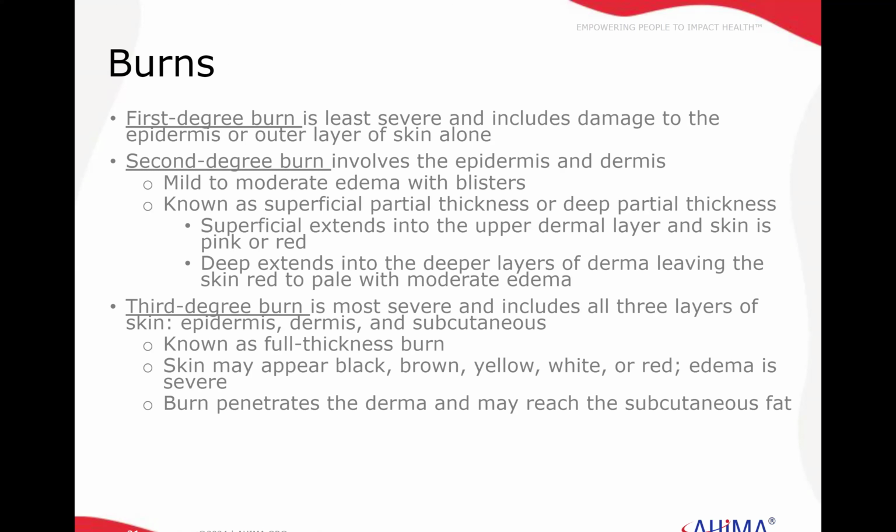And then finally, we have the third-degree burns that are the most serious, and these include the epidermis, the dermis, and subcutaneous tissue. This may involve black, brown, yellow, white, and this burn basically has burned away the dermis and has reached or exceeded the subcutaneous fatty layer.